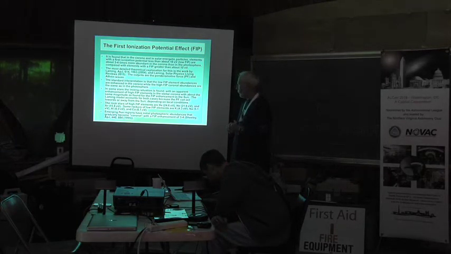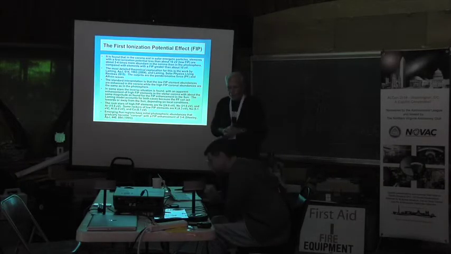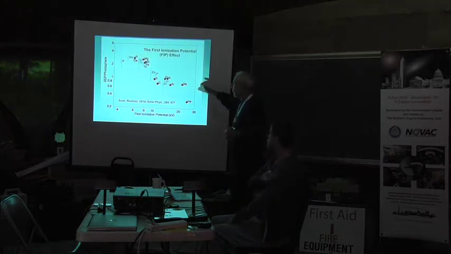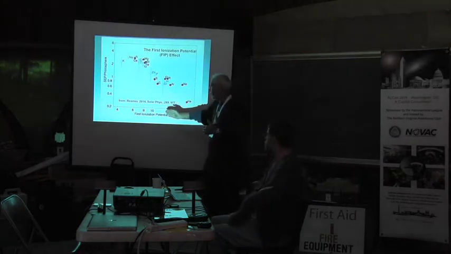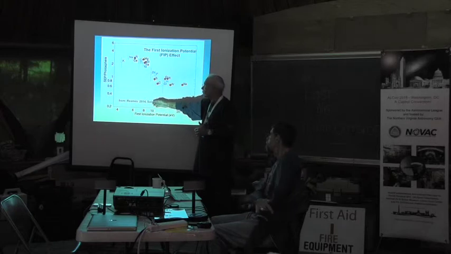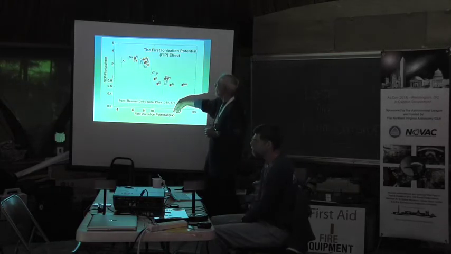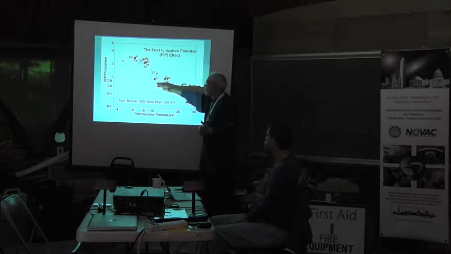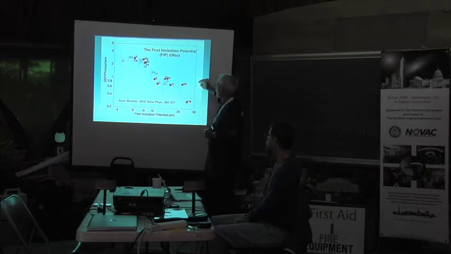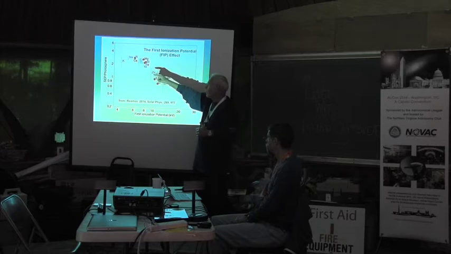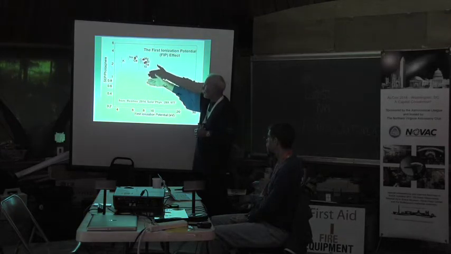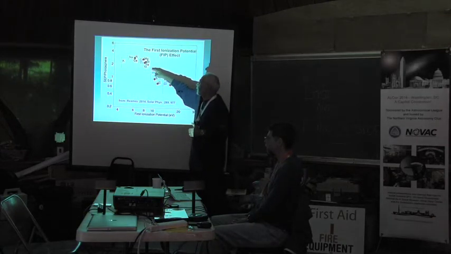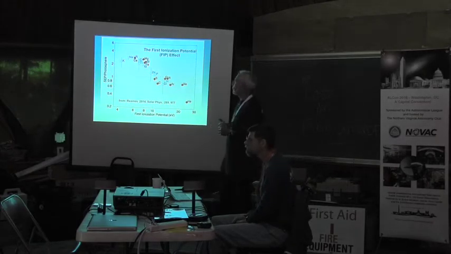We also know that the abundances can gradually go from photospheric to coronal. So go ahead to the next one. This is just a summary of what I just said. The boundary, roughly, where you go from high to low FIP is at about 10 electron volts. So the abundances of the high FIP elements are the same in the photosphere as they are in solar energetic particles and the corona, while these low FIP elements are elevated by a factor of 3 to 4.